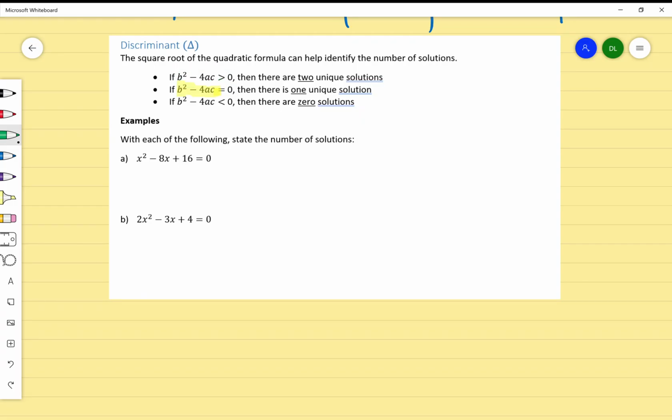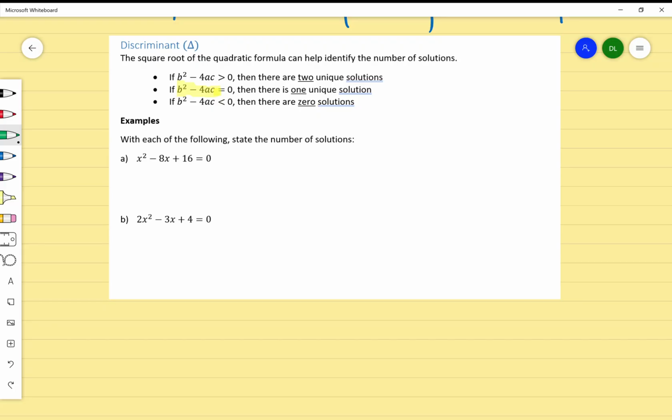So in other words, if it's positive, there are 2 unique solutions. If it's negative, or in other words less than 0, there are 0 unique solutions. What do I mean by unique solutions? Tom? X-intercepts. That's what I'm looking at. The unique solutions are x-intercepts. So I'm going to apply this and then explain how it works.